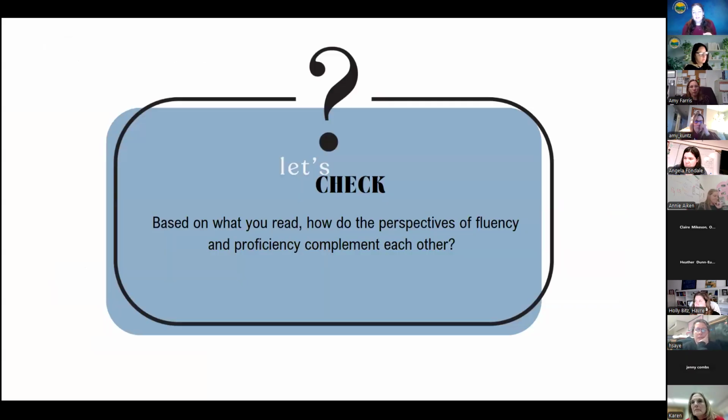Based off of what we read, we want to start to think about how this concept of fluency is related to proficiency, how they are complementary. If you have any ideas, you want to come off mute or put it in the chat, feel free to share out.